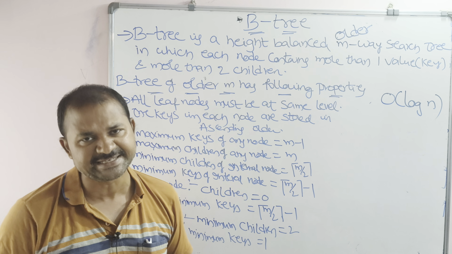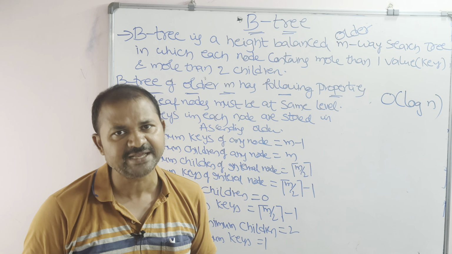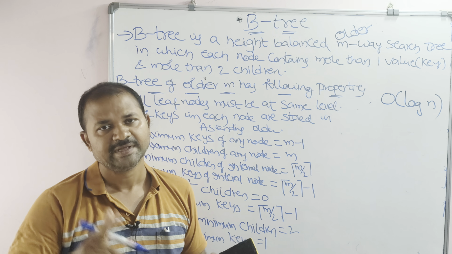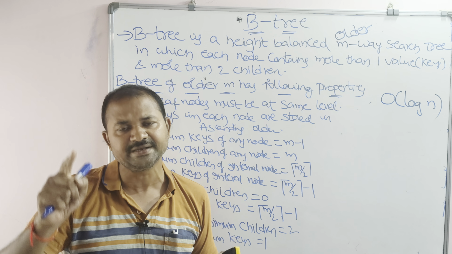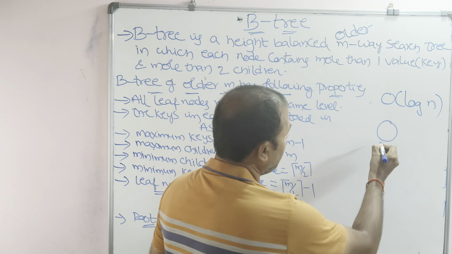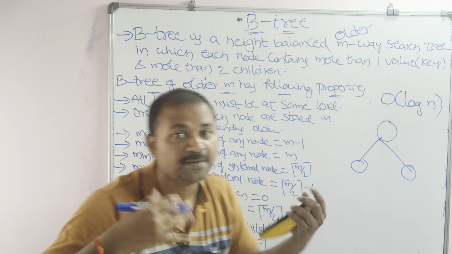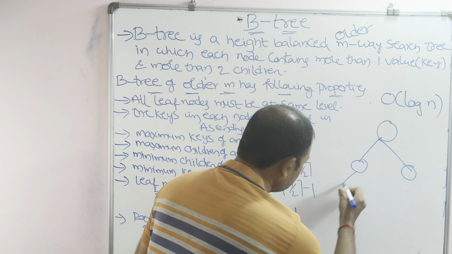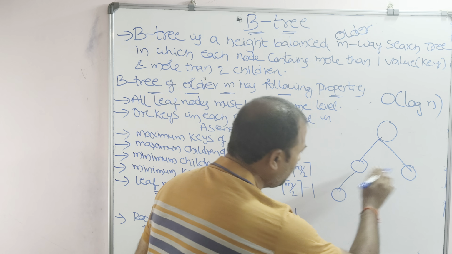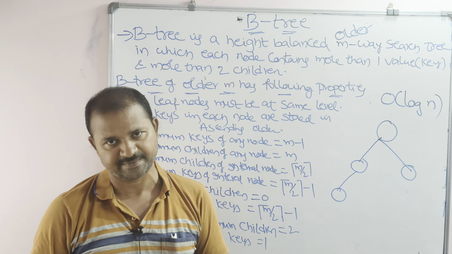If we take search trees like binary search tree, AVL tree, red black tree, then each node will contain only one key and at most two children. So at most means maximum two children. So here every node can have two children or one child or zero children.